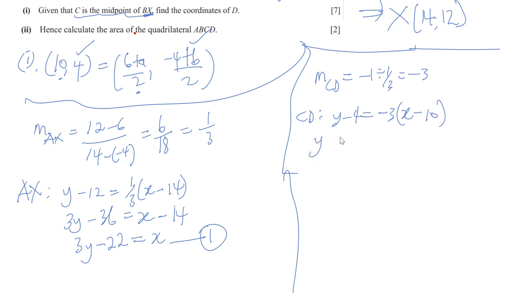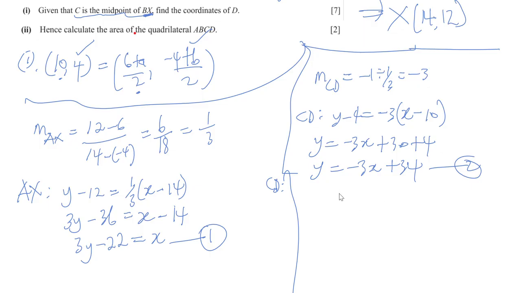And this simplifies to y equals -3s plus 30, adding 4 to both sides, 34. Here's the second equation. Line CD is gotten as this, equation 2.